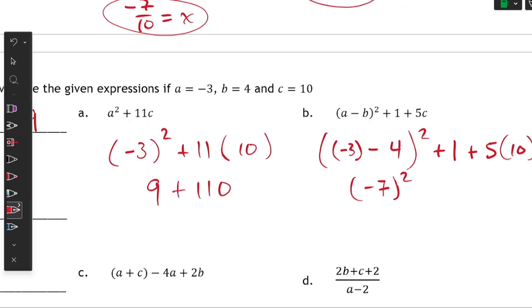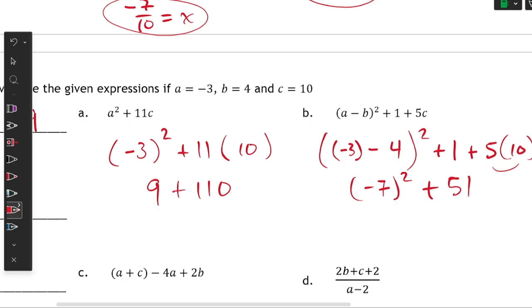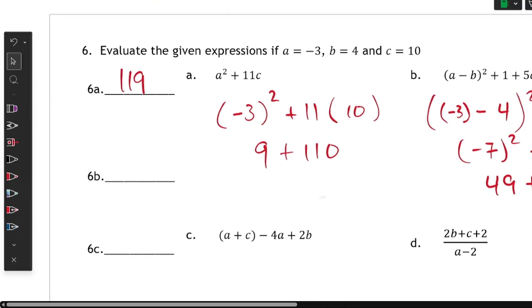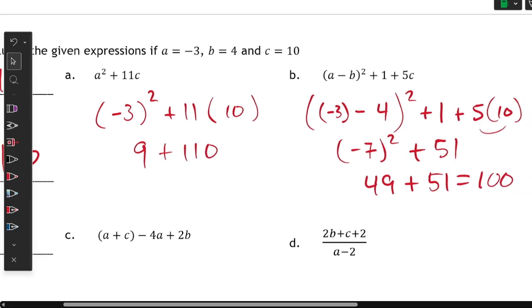I'm going to square that, and then I'll just write plus 51, so I'm just combining the 5 times 10 plus the 1. And -7 squared is +49, plus 51. That gives me the number 100. So that expression becomes 100 when we sub in the values we have.